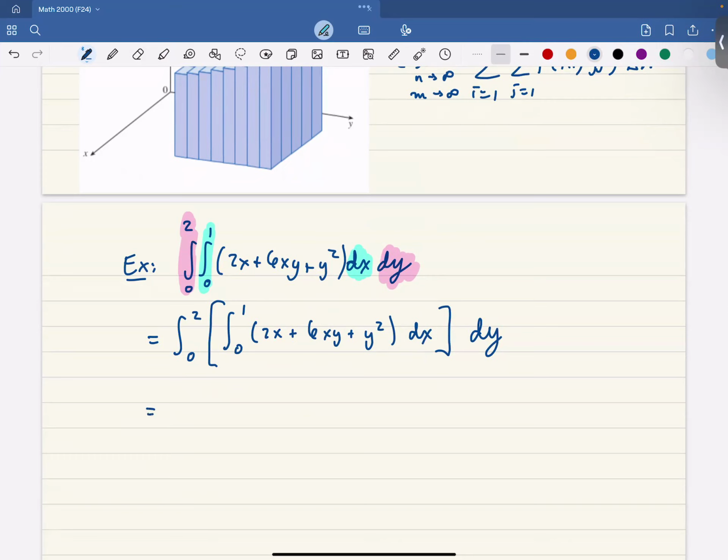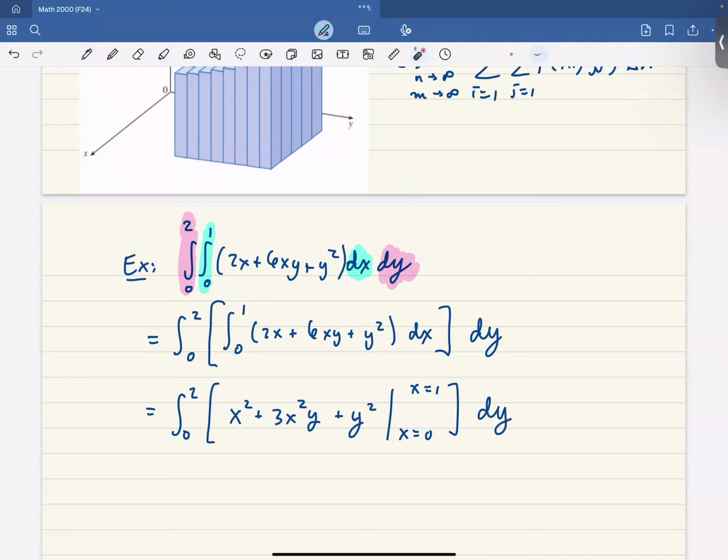And so if we integrate the inside here with respect to x, this will end up being x squared plus 3x squared y plus y squared, and x is going to go from 0 to 1.